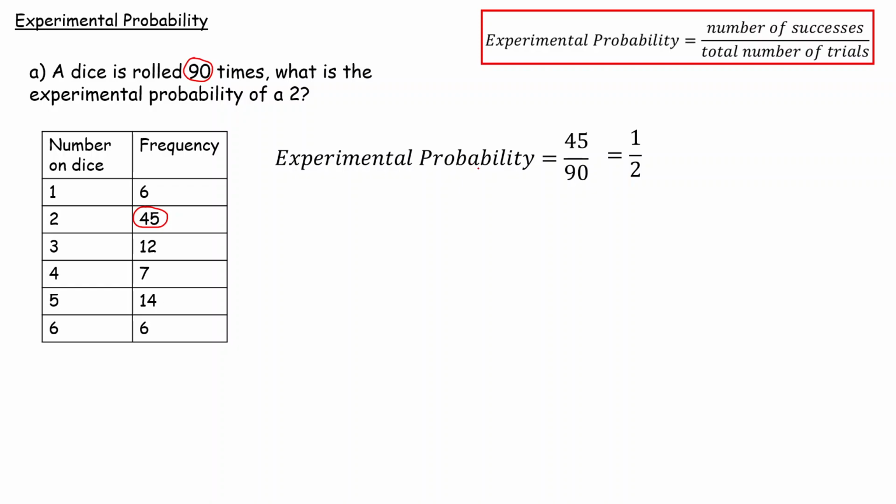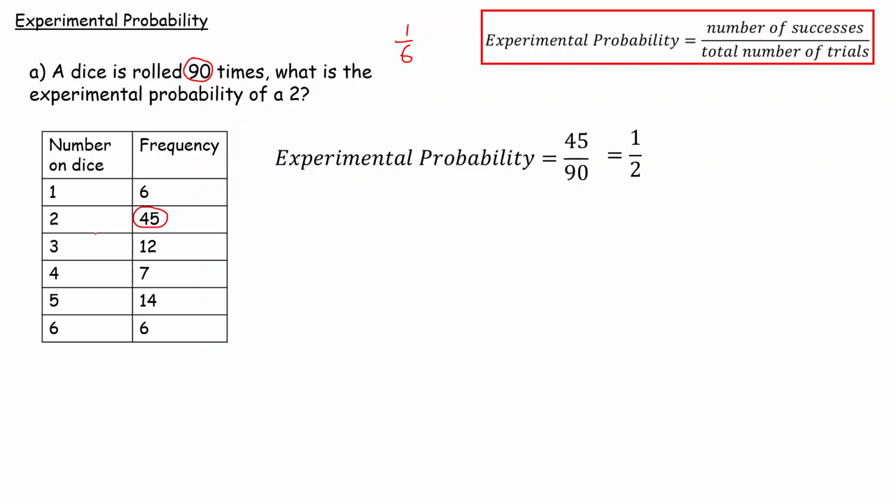In theory, would you expect to get a 2 half the time? No. We said on the previous slide the probability of getting a 2 in theory is 1 over 6. So we're going to come on to, in a second, that probably this dice is going to be biased, because the sample size, or your number of trials, is pretty high.